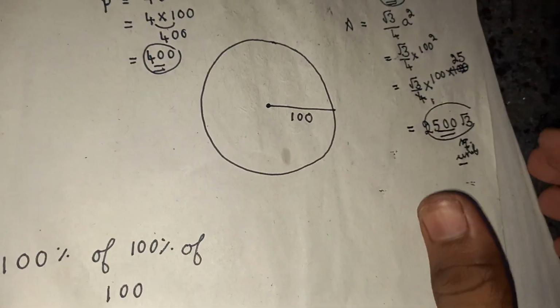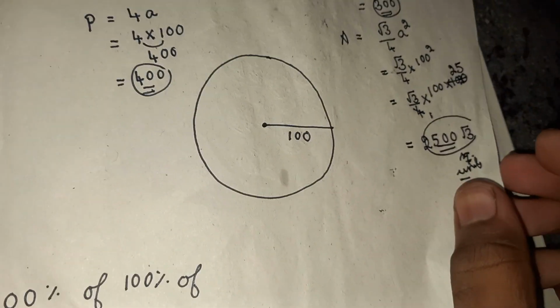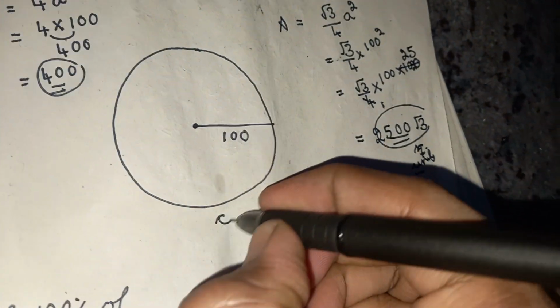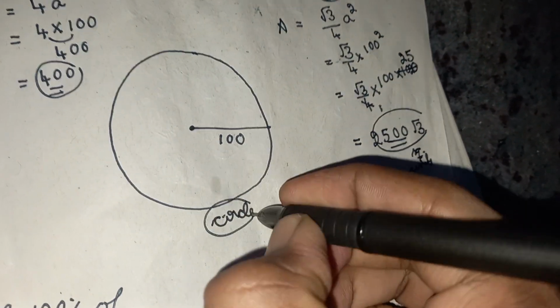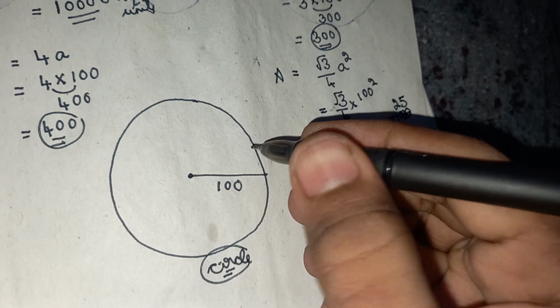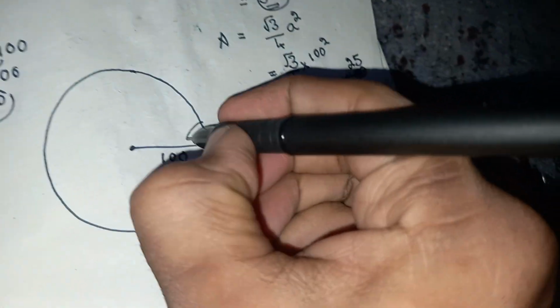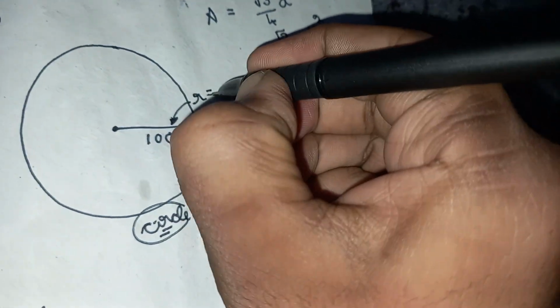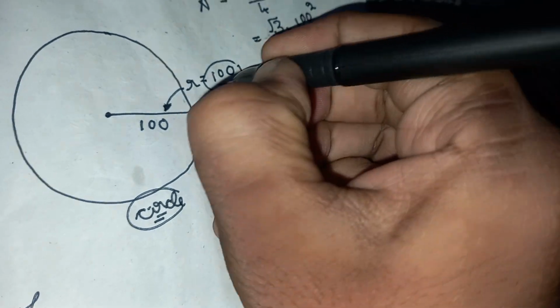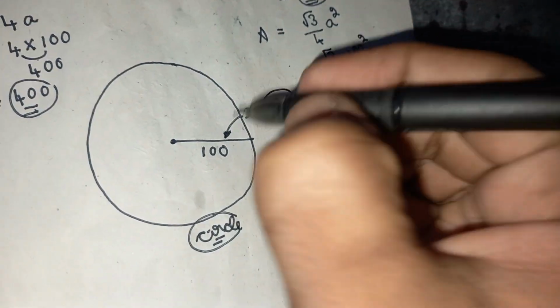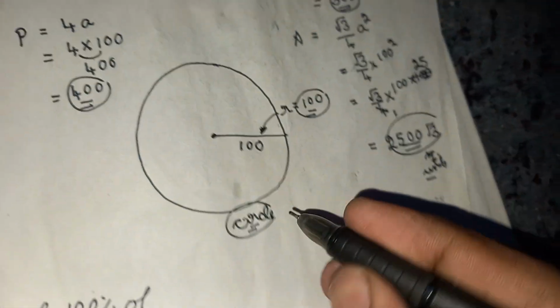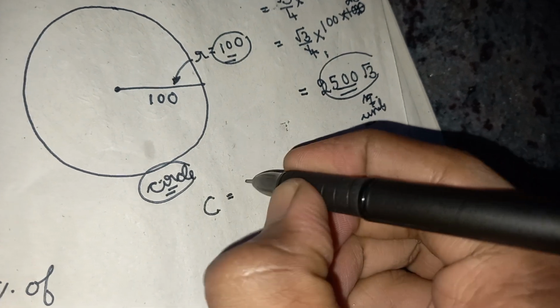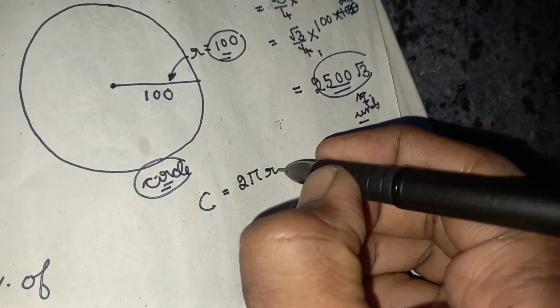And now I'm going to tell about the circle, how to find the area and perimeter. Here they have given 100, it is known as the radius, so you can write radius equals 100 units. Now perimeter means boundary length, also known as circumference. It can be written as 2 pi r.